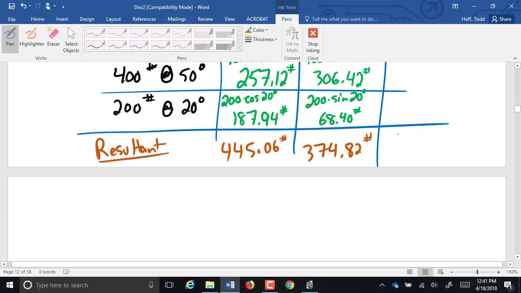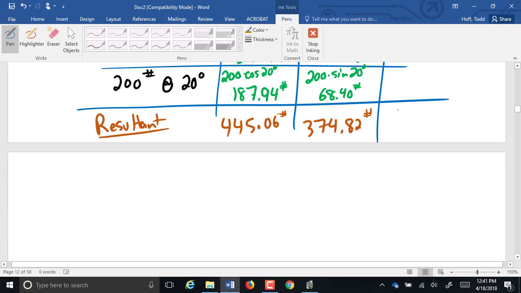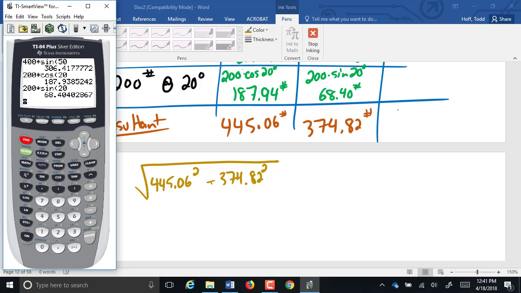How do we find the magnitude of the resultant? Pythagorean theorem, the square root of 445.06 squared plus 374.82 squared.